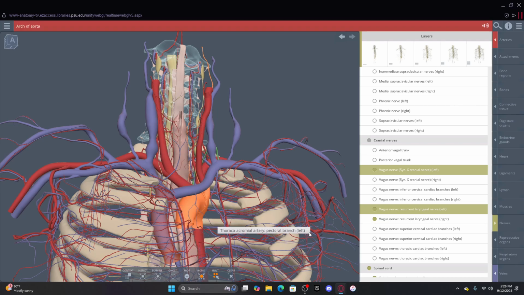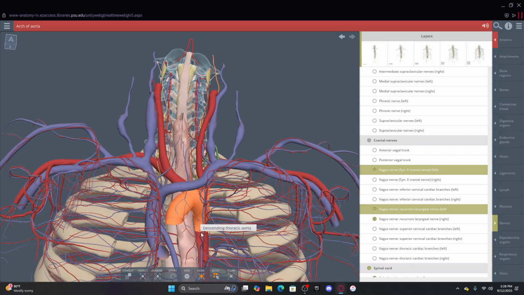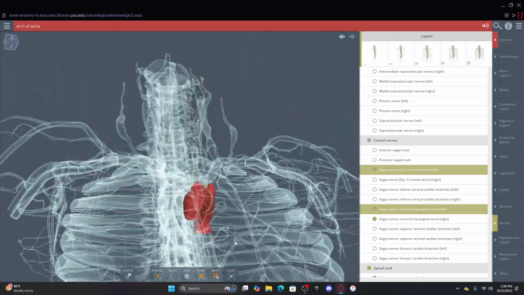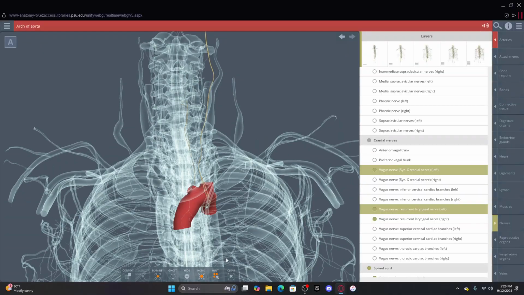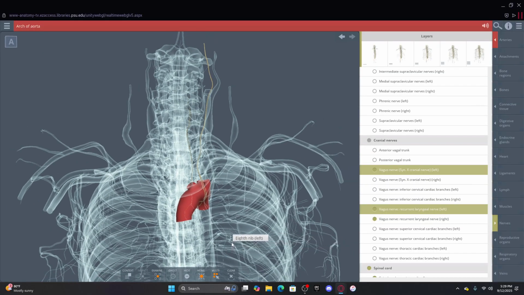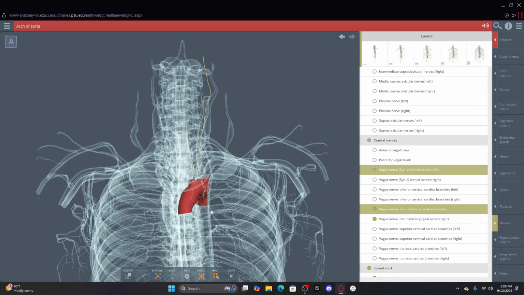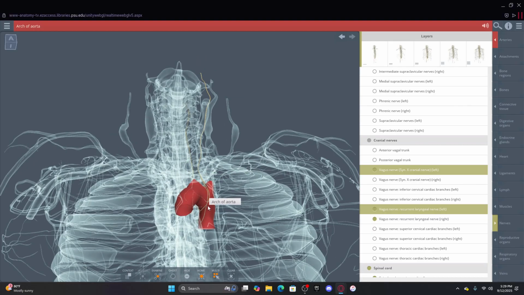I'm going to select the left and right brachiocephalic veins, as well as the superior vena cava. And once I examine these, you can see the vagus nerve, also known as the wandering nerve, coming all the way from the brain. We're going to go over that later on in this course, but you can see the vagus nerve coming down, and then you can see the left recurrent laryngeal.